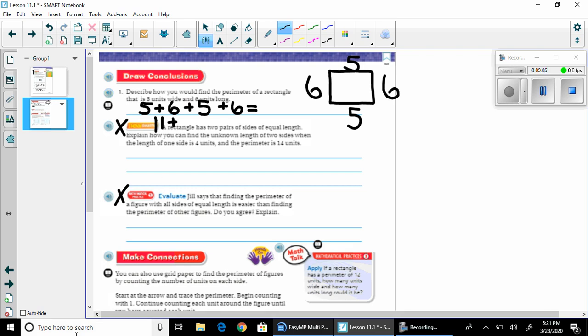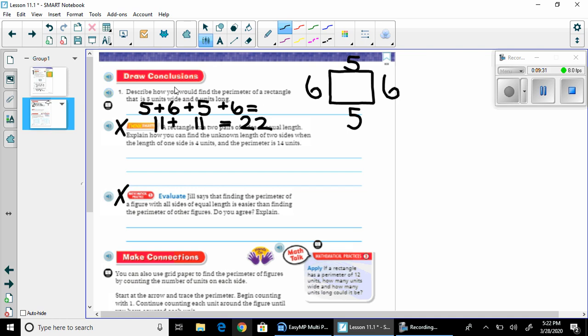Okay, so I have my 2 sides here, and I'm going to go ahead and do the same. So 5 plus 6 again would be 11. So now to find my distance all the way around, I'm going to add up my 2 numbers. So 11 plus 11 is 22. Okay, so my perimeter or my distance all the way around is 22.